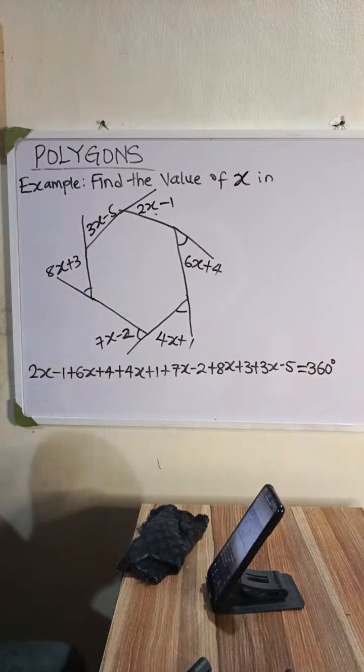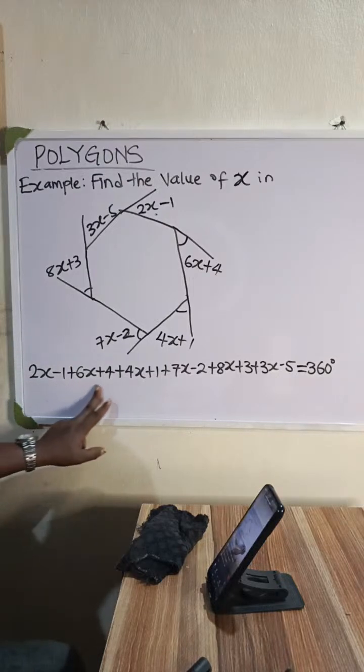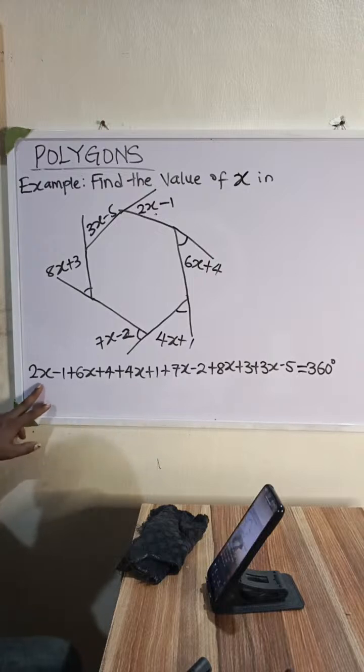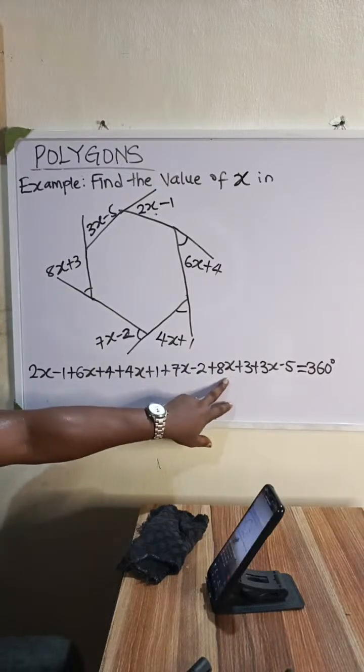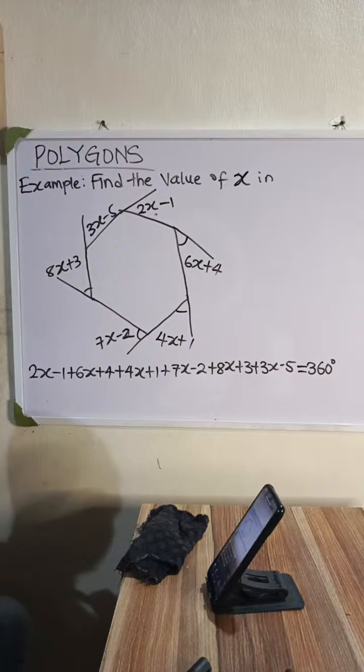Now the next thing we need to do is sum all these values of x. So 2x plus 6x plus 4x plus 7x plus 8x plus 3x. What is it going to give us? 30x.